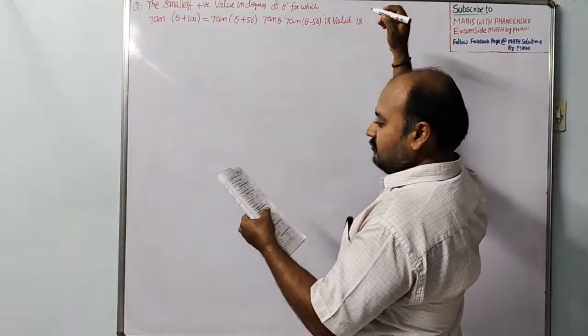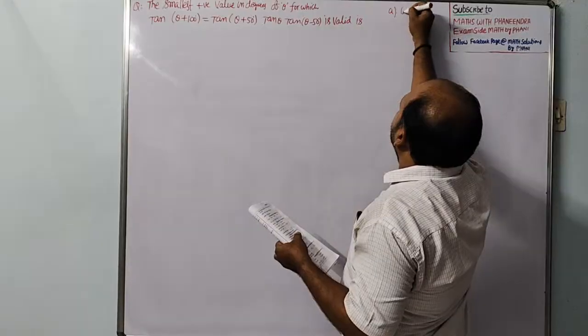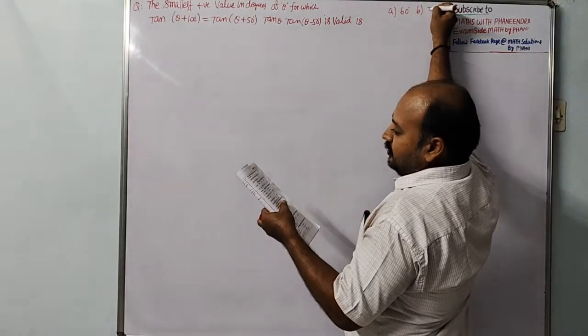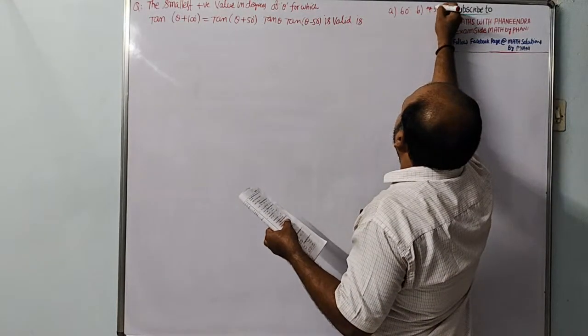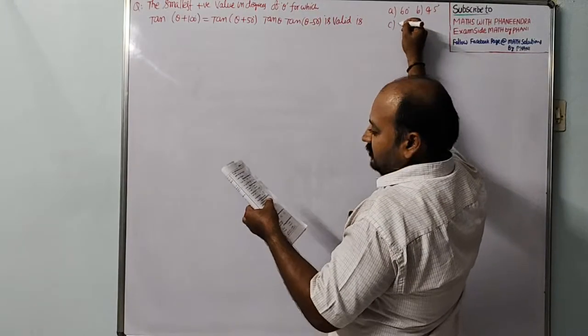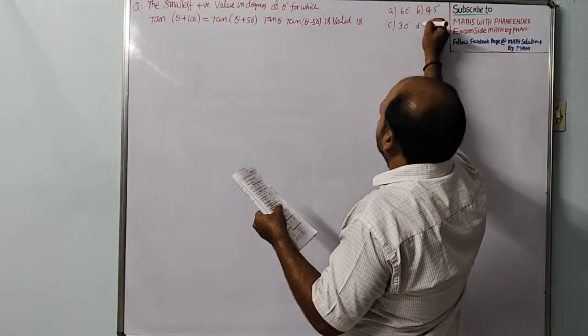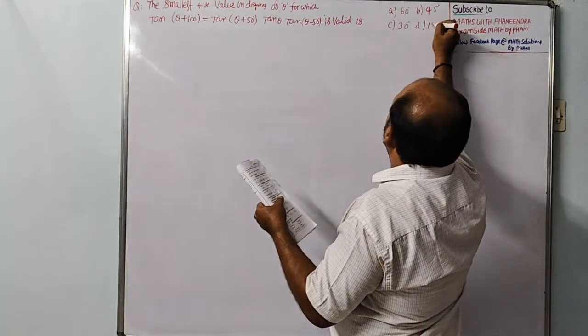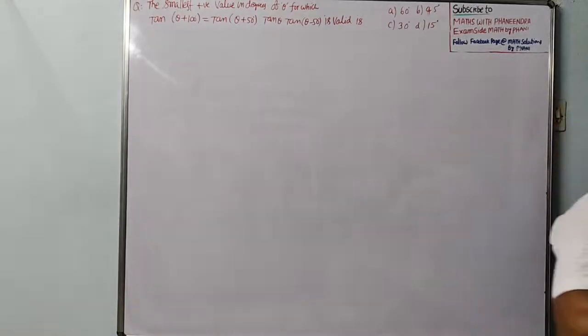First option 60 degrees, second option 45 degrees, 30 degrees, 15 degrees. So it may be a little lengthy problem.